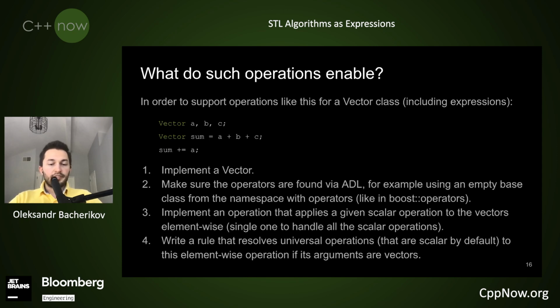And next, we need to write a rule that resolves universal operations that are scalar by default, or we can have a trait to identify them. Do this element-wise operation if the arguments are vectors. And again, you can do this only once for all the scalar operations.